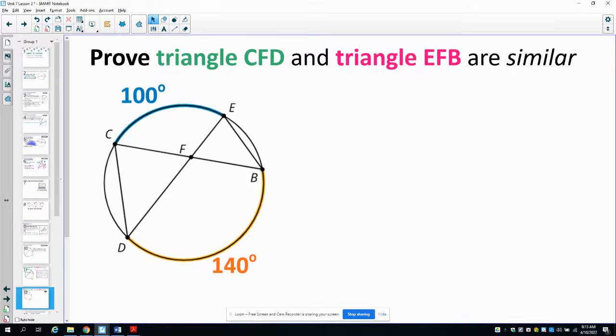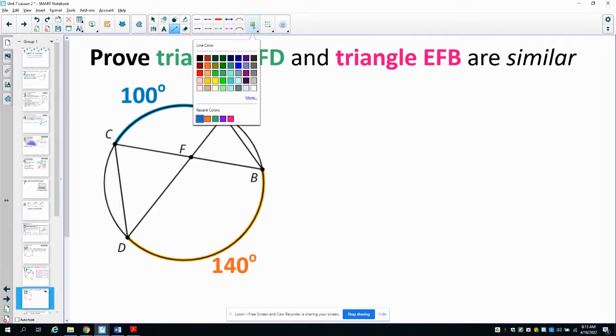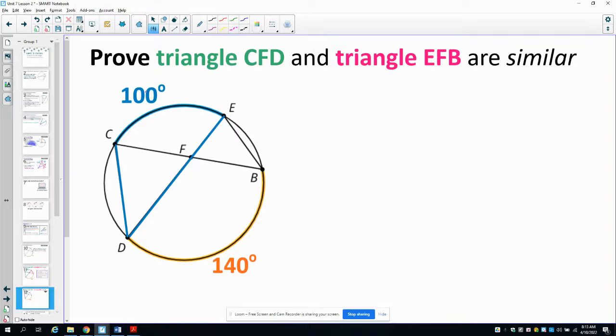All right, so if we're going to go ahead and prove these two triangles are similar, if we use some of the stuff that we just found out about inscribed angles, it would make some sense. So if we take a look at this inscribed angle here, that's coming off this blue arc, this one we just found out is half of the measure of this arc.